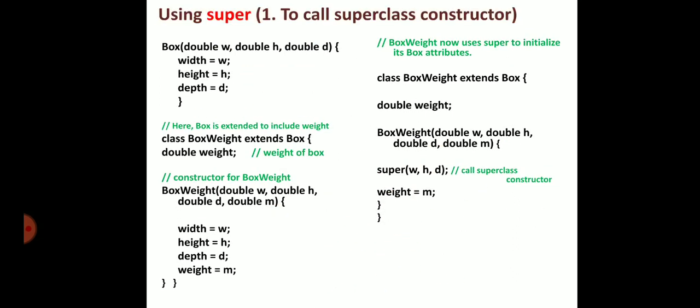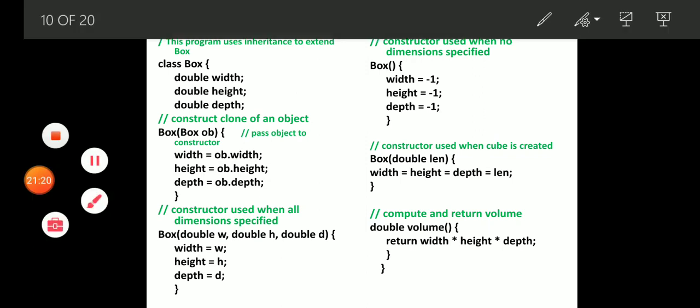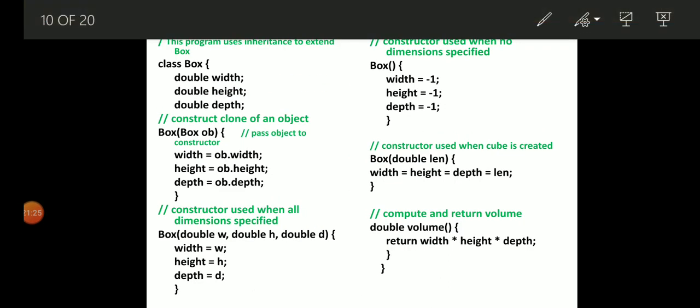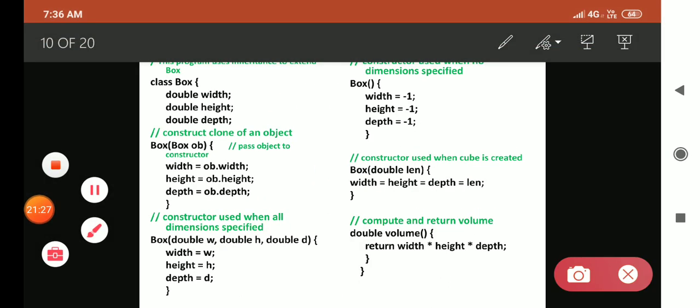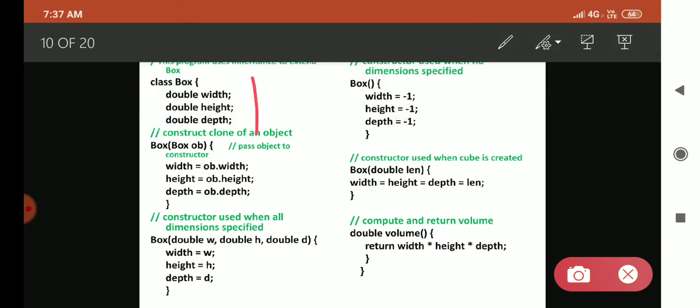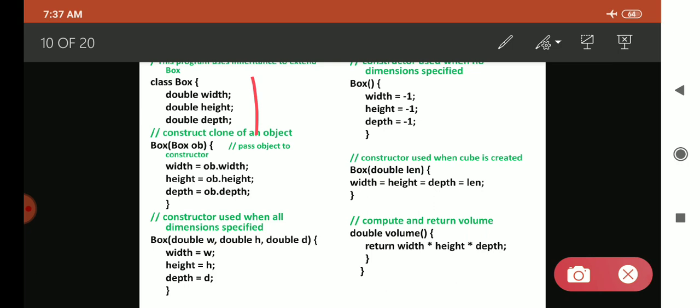Okay, let us go to the next slide. Now here we have taken an example for understanding the super keyword. Here we have class Box, there are three parameters: width, height and depth.